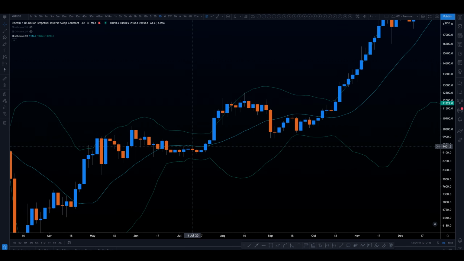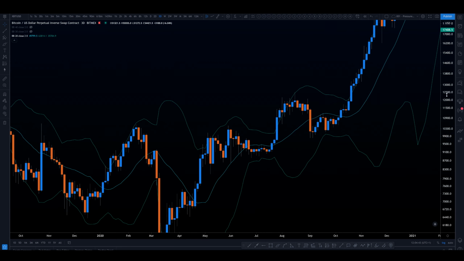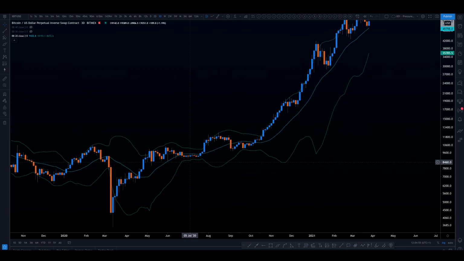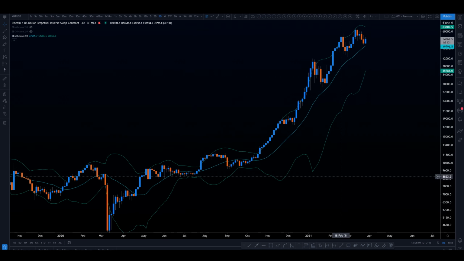So these might have an effect on price and exert some kind of pressure because there are buyers jumping in at support and sellers jumping in at resistance. Also, buyers take profit at resistance and sellers take profit at support. So you have these forces acting on price in this particular region.